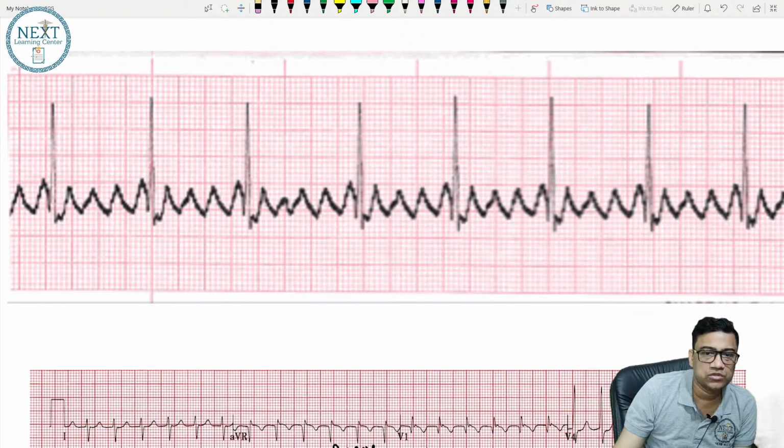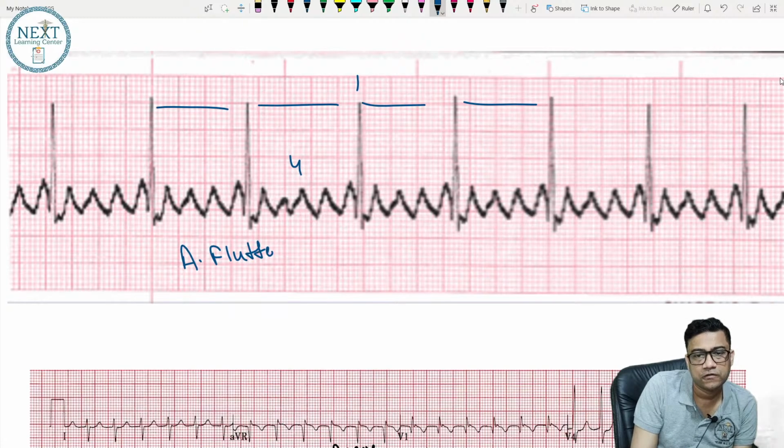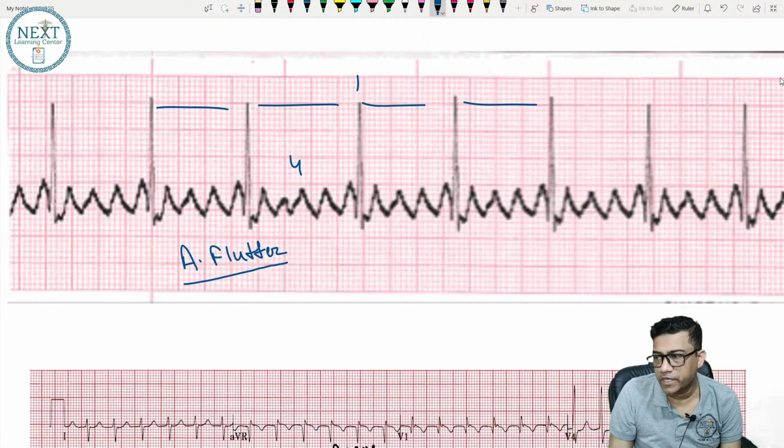Yes, it is sawtooth. It is F waves, 4:1. Plus RR is constant, not changing much. So this is your classical A flutter.